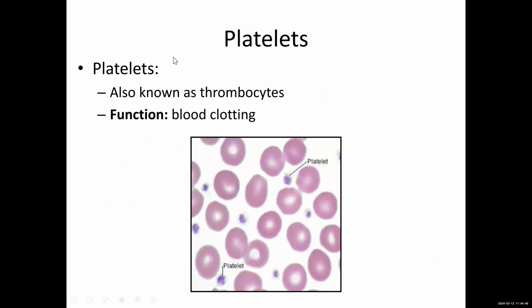Neutrophils phagocytize pathogens, and monocytes phagocytize pathogens and cellular debris. And the platelets, known as thrombocytes, function in blood clotting. When you look at a slide of a blood smear, you'll see these are our red blood cells, those smaller fragments of cells are platelets, and this fluid in between is plasma.